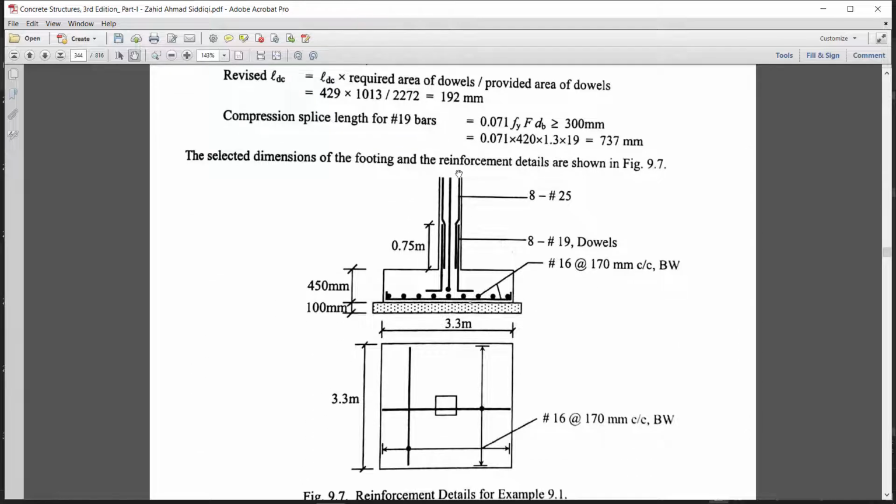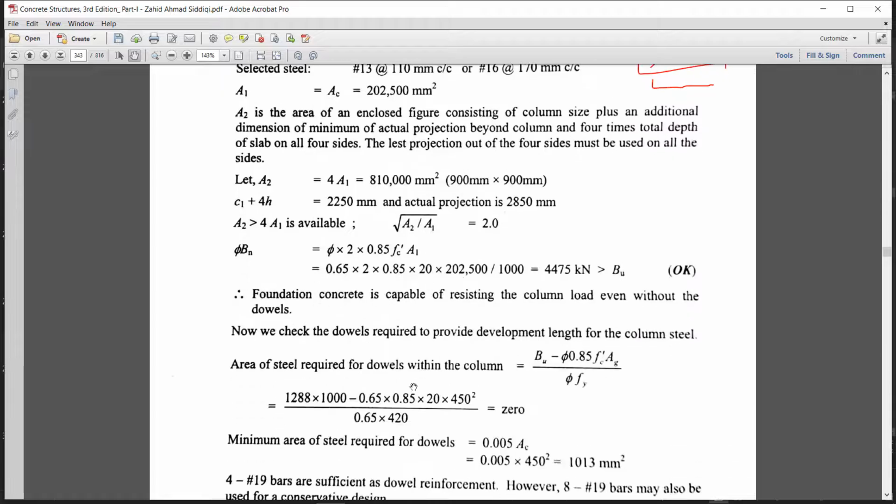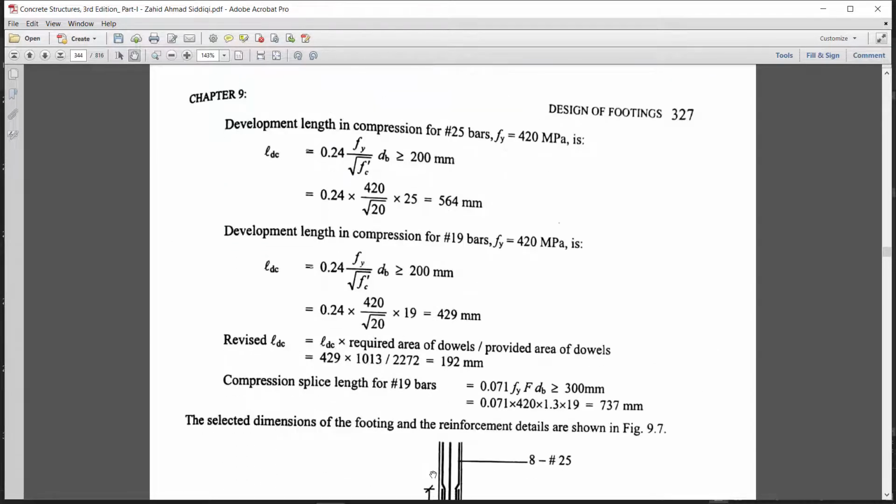When the load comes on your footing, on the bottom side there will be tension and on the top side there will be compression. So steel will be provided at the bottom side. Number 16 is present at the bottom. The development length calculated for the bottom bars for number 16 bar is 521 millimeter.